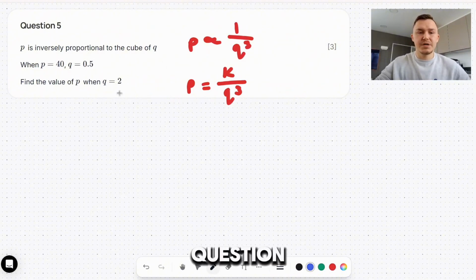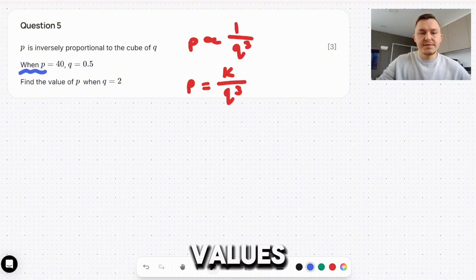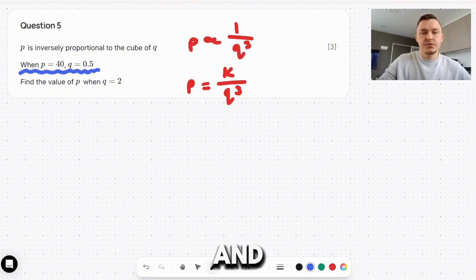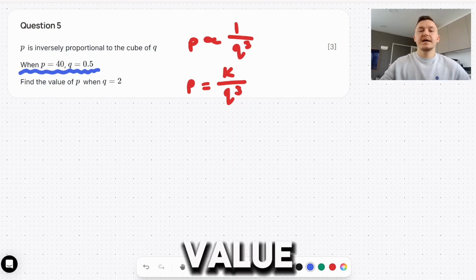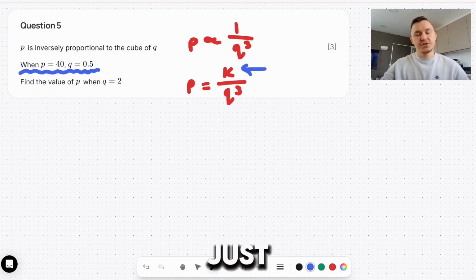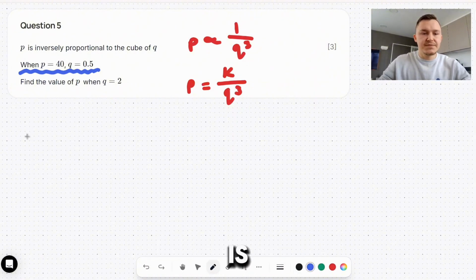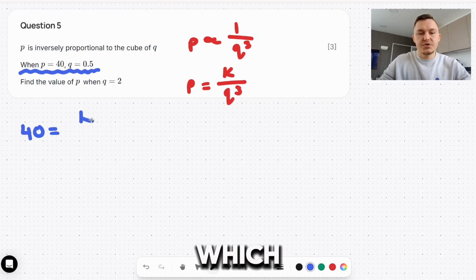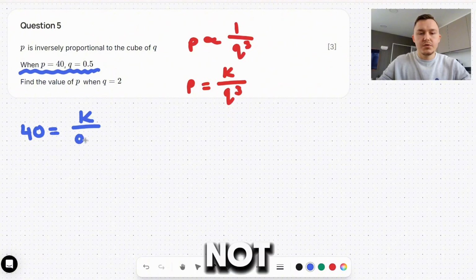And this will stay pretty much the same for all inverse proportion questions. The next step of this question is to use these values that we've been given, 40 and 0.5, to work out the value of our constant K, just like in the earlier question. So let's substitute those in. So P is 40. 40 is equal to K, which is our constant that we're working out, divided by Q cubed. Q is 0.5. So divided by 0.5 cubed.